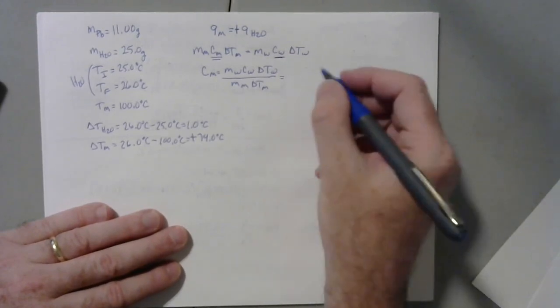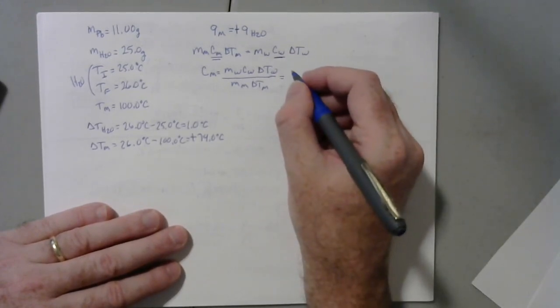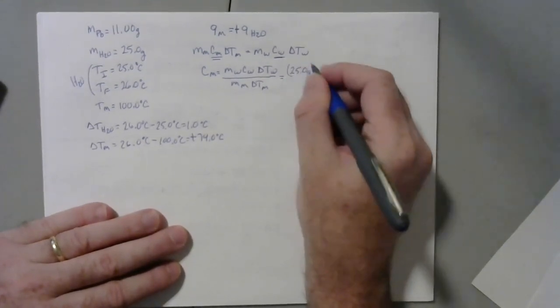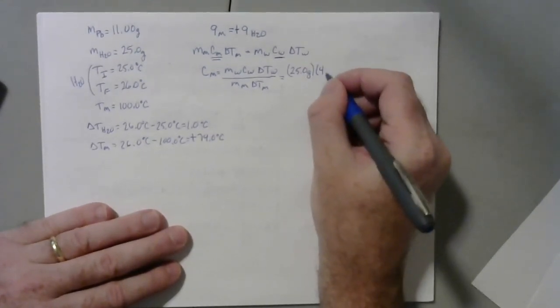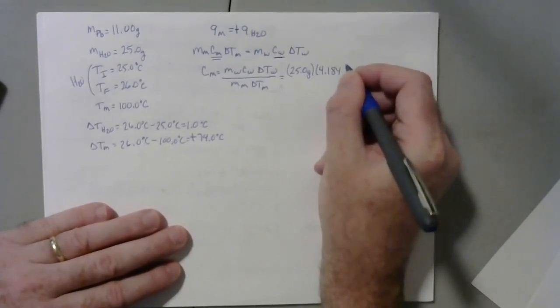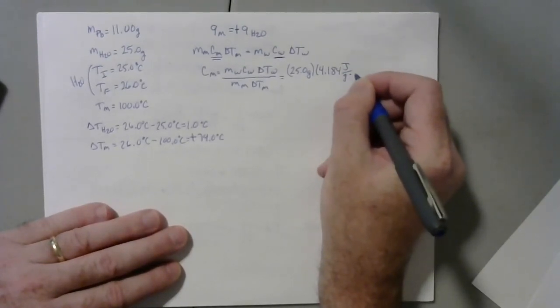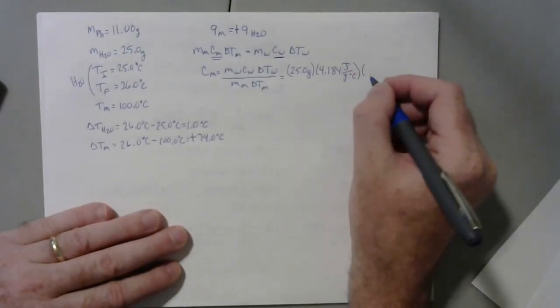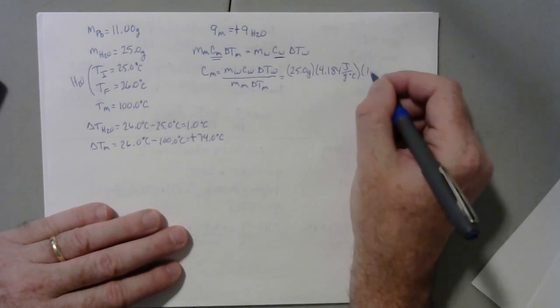And then it's just plug and chug. The water's mass is 25.0 grams. Specific heat of water, we know, is 4.184 joules per gram degree Celsius. We've done that in a couple of problems already. Change in temperature of the water is our 1 degree.